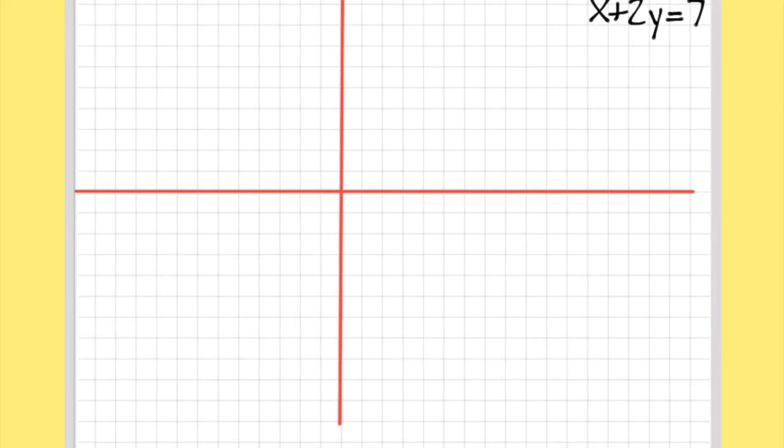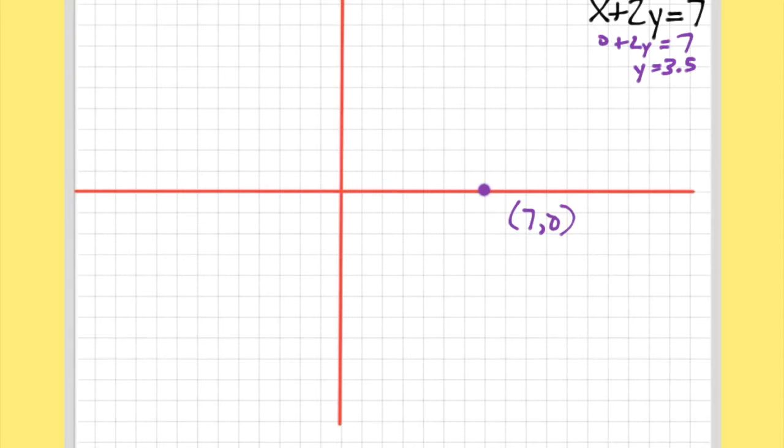So for instance, when y is 0, x equals 7. I can determine that just by plugging in 0 for y and solving for x. And so the point (7, 0) is a solution to our equation. Another point that would be a solution would be if I plugged in 0 for x and solved for y, and I'd get y equals 3.5.